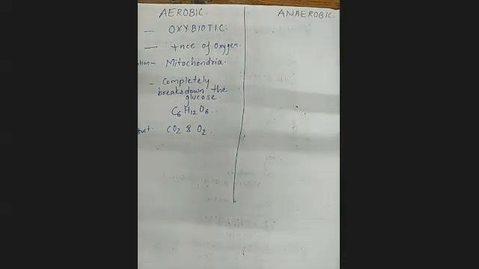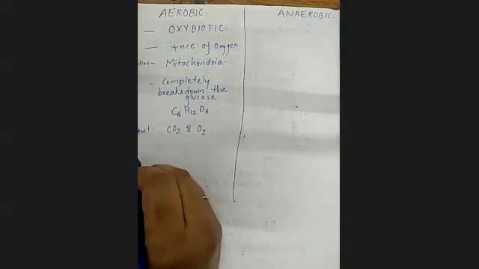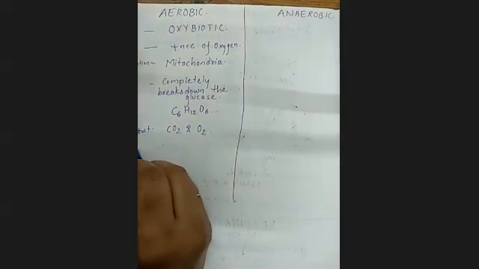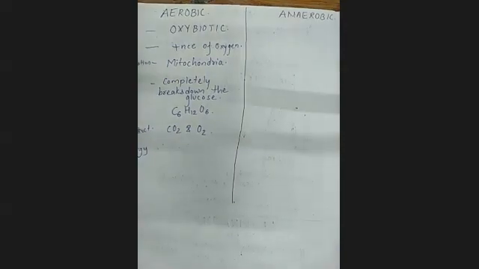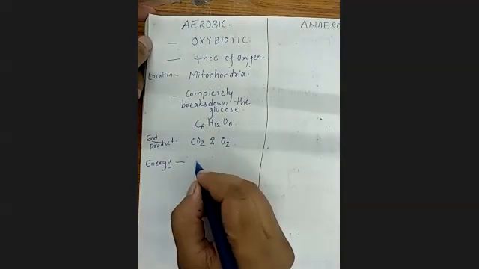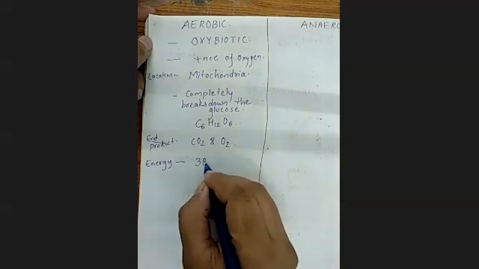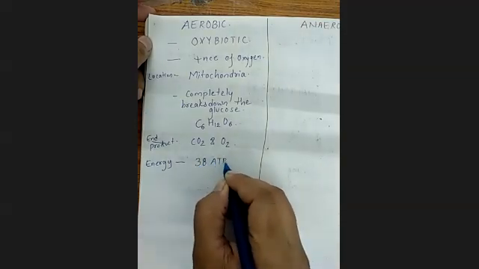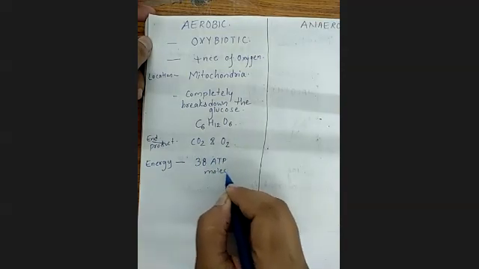Now, what is happening in this? How much energy is obtained? That is 38 ATP molecules.